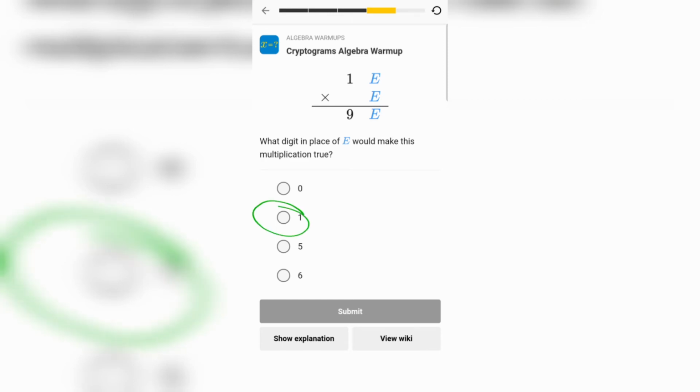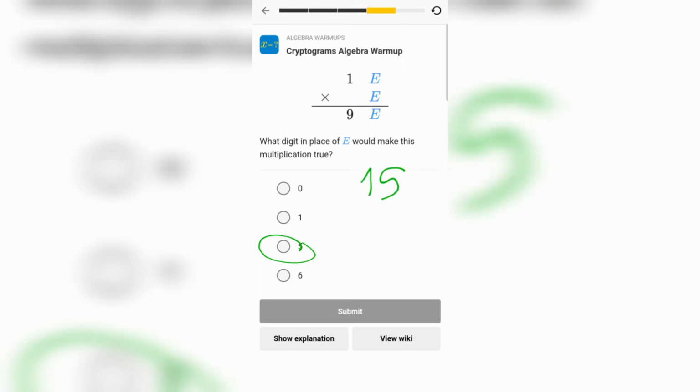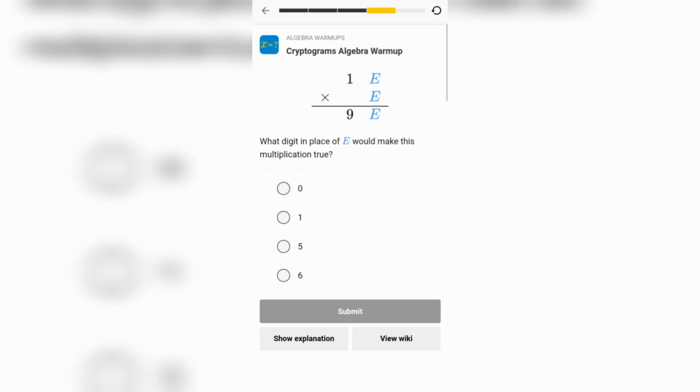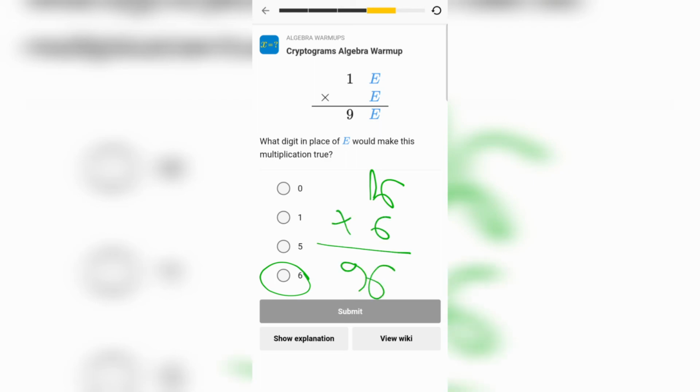It cannot be 1 because 11 times 1 is 11, so it's not 1 either. What about 5? 15 times 5 equals 75, so it's not 5 either because it's not 95. Now, if it's not 0, 1, or 5, then it probably must be 6. Let's verify this. 16 times 6 equals 96.